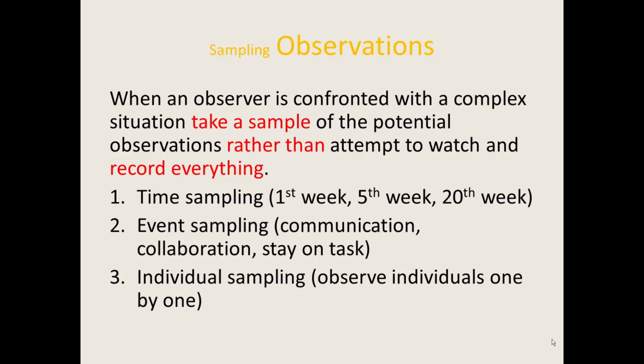Another one is event sampling, where for a while you observe the participants' communication skills, then you observe their collaboration behavior, and then you observe and measure how long or how much they stay on task. And also you can do individual sampling, which means you observe an individual for a while, and then a second individual, and then a third individual.